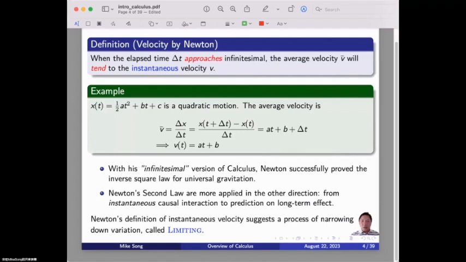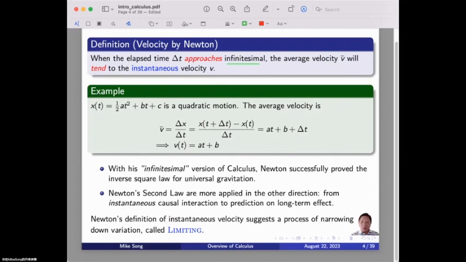With infinitesimal in mind, an intuitive definition of velocity can be given as follows. When the elapsed time delta t approaches infinitesimal, the average velocity v bar will tend to the instantaneous velocity. Take a quadratic motion, for example. The average velocity v bar can be easily computed as a t plus b plus a delta t.